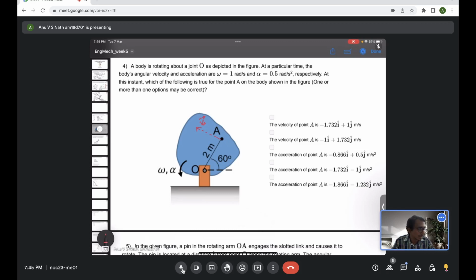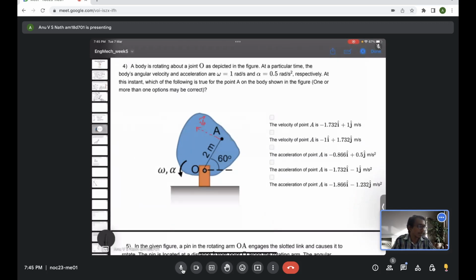So in case of velocity, both A and B have the options given as negative x direction and positive y direction. So we cannot just rule them out because both are satisfying the criteria. Now we need to evaluate the magnitude, then only we can identify which one is the correct one.